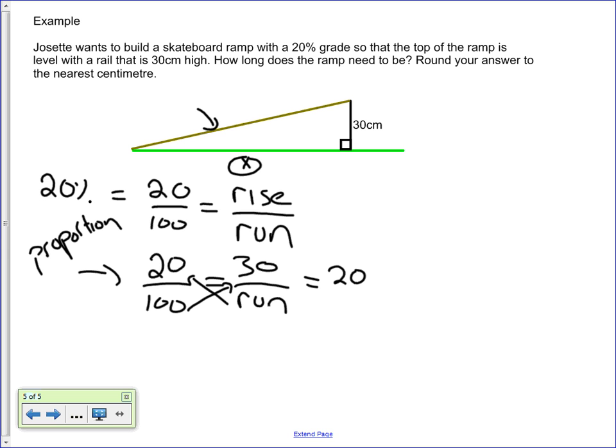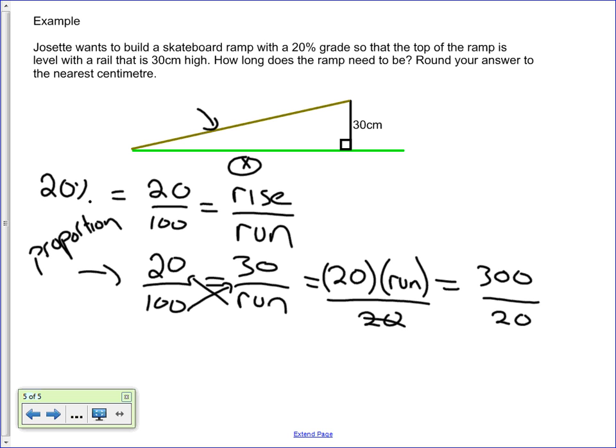I'm left with 20 times my run is equal to 30 times 100, or 300, and then dividing it by 20, my run is equal to 150 centimeters.